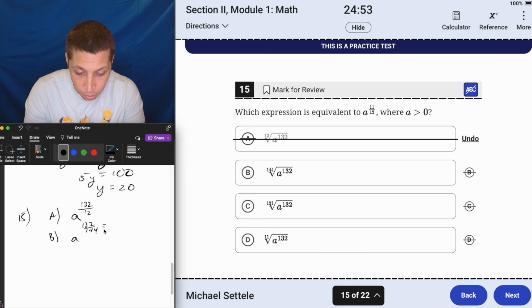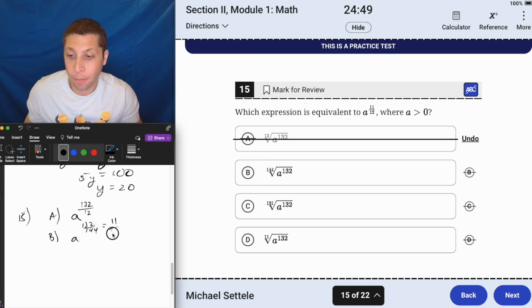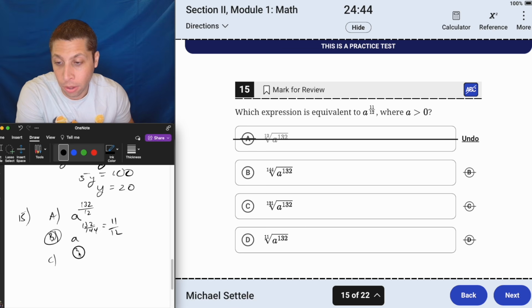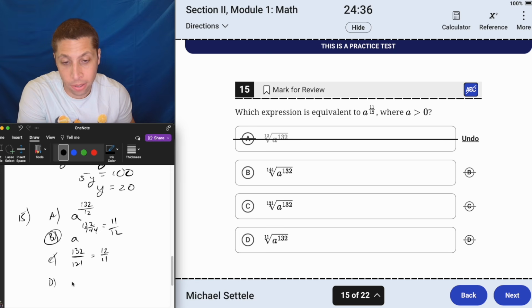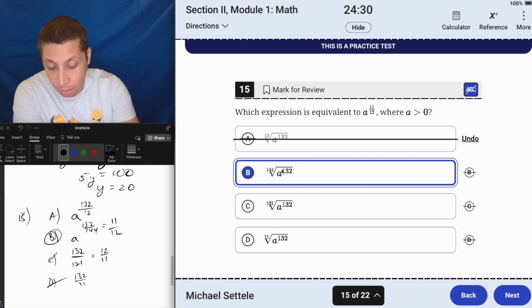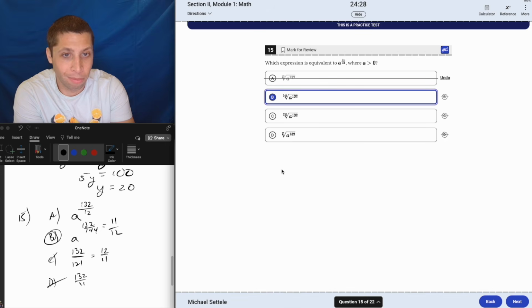So 132 divided by 12 is 11. So that's definitely it, but let's move on and just double check. This would be 132 over 121. That's 12 over 11. And this is 132 over 11. No. See, this is the kind of thing where if you just know one simple rule, formula, whatever you want to call it, easy points.